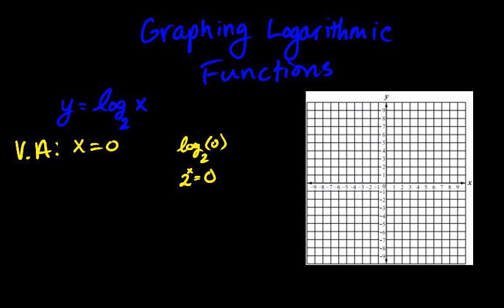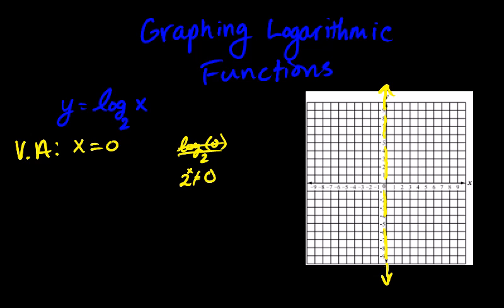If we write it as an exponential, it doesn't have an answer. So the reason the vertical asymptote is at 0 is because you can't do the logarithm of 0. And so we'll draw in a vertical asymptote at x equals 0. So there is your first part.